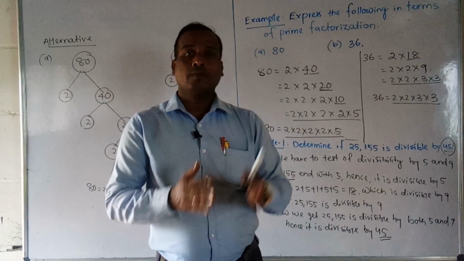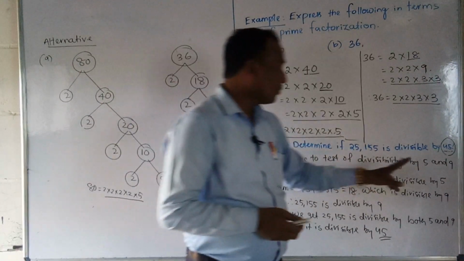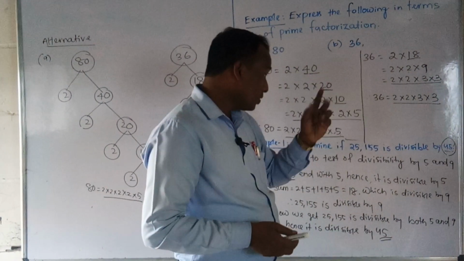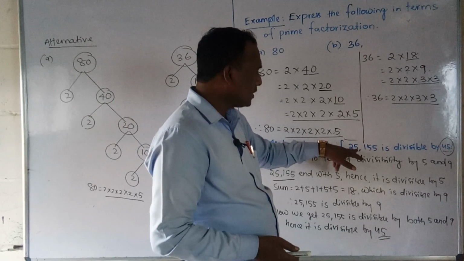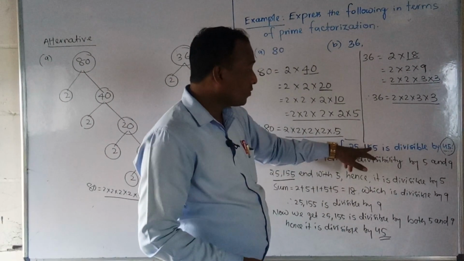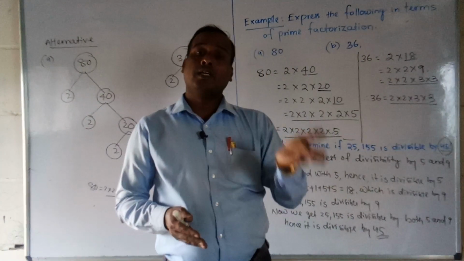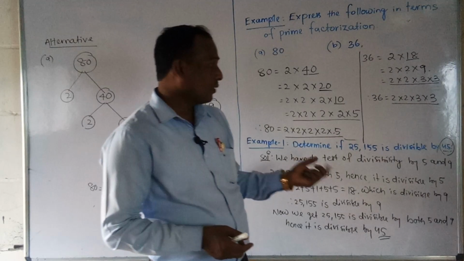Now we have both numbers, 5 and 9, and the remainder will be 0. That means 25,155 is divisible by both 5 and 9. Hence we conclude that 25,155 is divisible by 45.